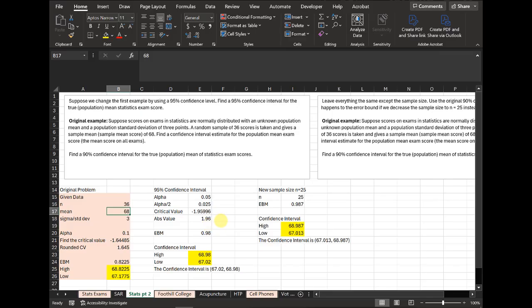Here was my 90% confidence interval with 36 data points. If I were to change this to just be 25 data points, what happens? This will force my error bound, since I'm dividing by a smaller denominator, to be larger. And this will increase the size of my confidence interval.